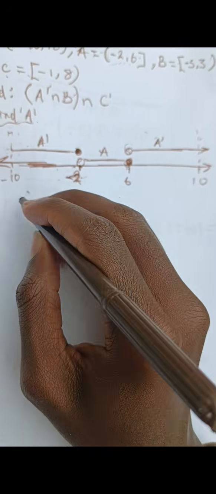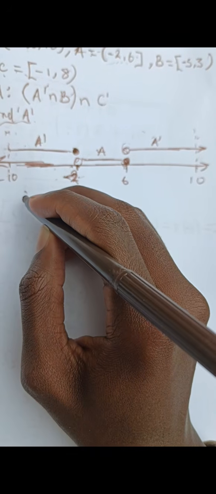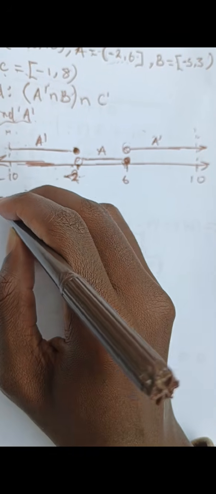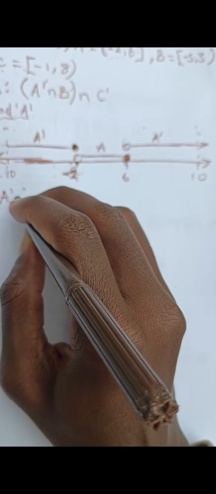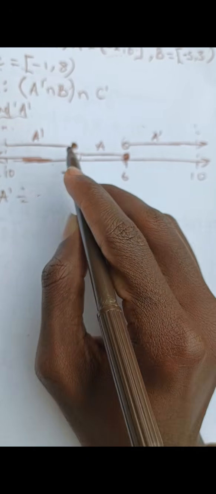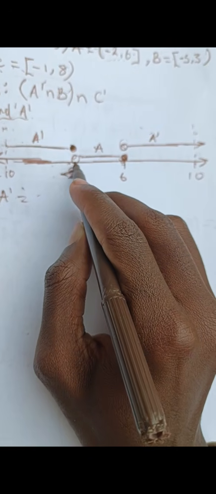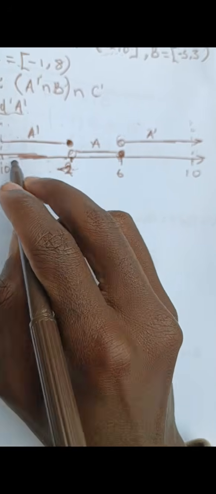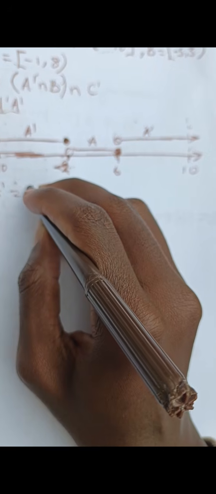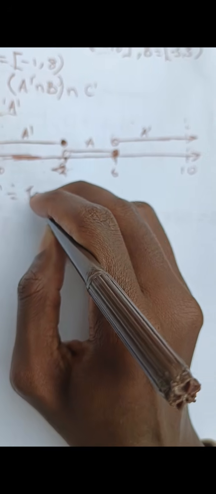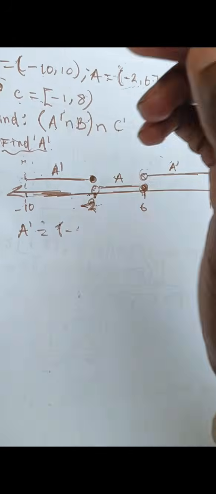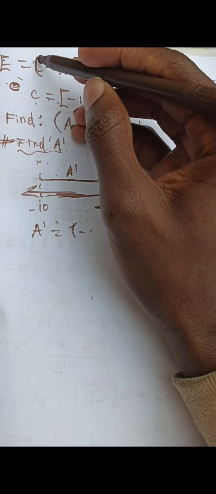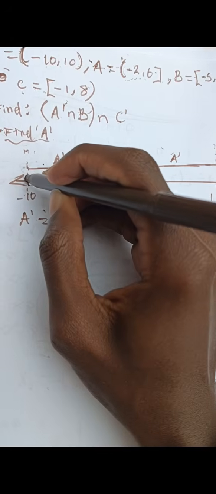So meaning that we are going to say A complement is equal to, the first one is from here to here, right? This region, which we are going to describe as -10. And actually, since in the universal set they have used these symbols, it means that even here the bubble won't be shaded.